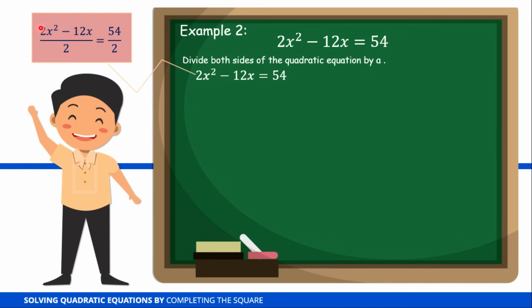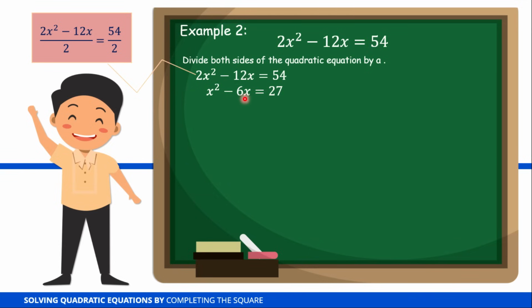Simplify natin. 2x squared divided by 2, answer is x squared. Negative 12x divided by 2, answer is negative 6x. And 54 divided by 2, answer ay 27. Our new equation is x squared minus 6x is equal to 27.